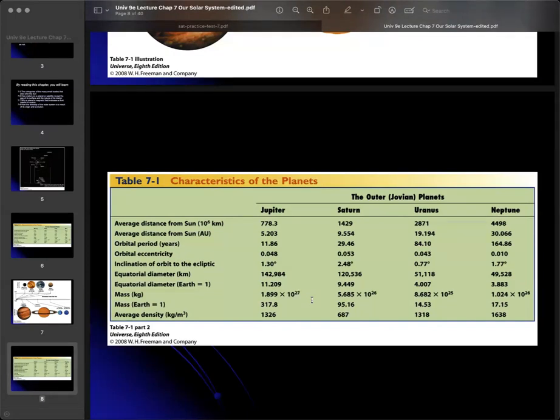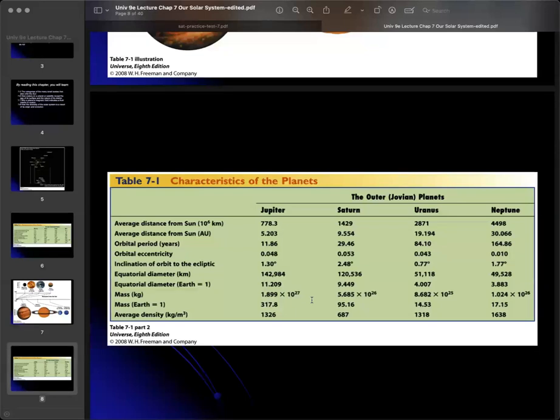So let's just jump to the last row here and look at the density. For the inner planets, we had seen that the densities were in the range of 4,000, 5,000. However, the average densities of Jupiter, Saturn, Uranus, and Neptune are 1,326, 687, 1,318, and 1,638.